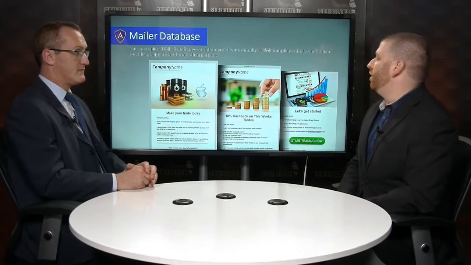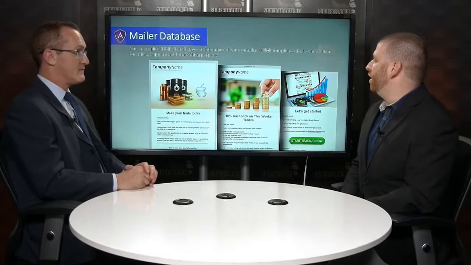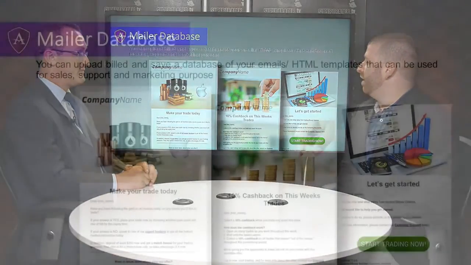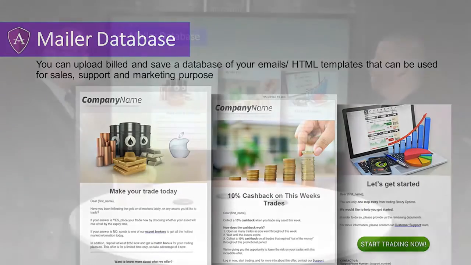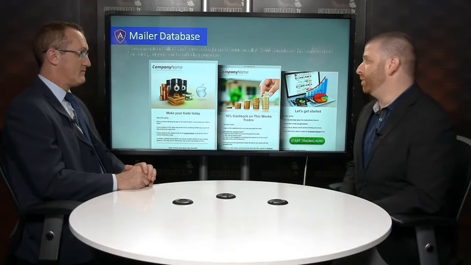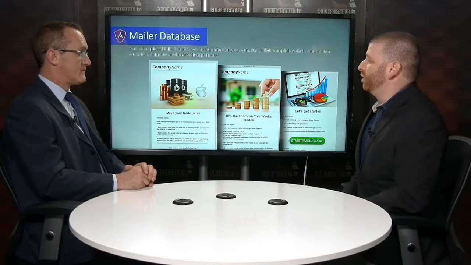Okay, the mailer database allows the brokers to insert into the CRM database as many templates of emails as they want. Those templates can be sent manually by each one of the reps, or the other components of the queue centers or the communicator can push them automatically or by rules.